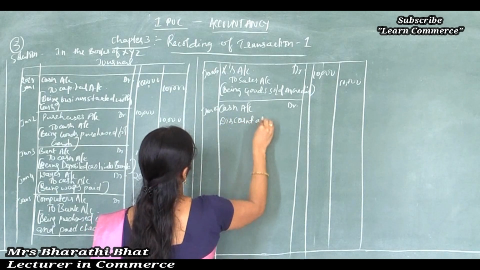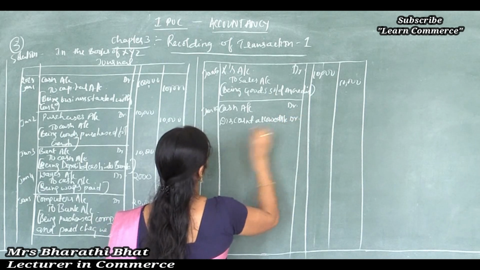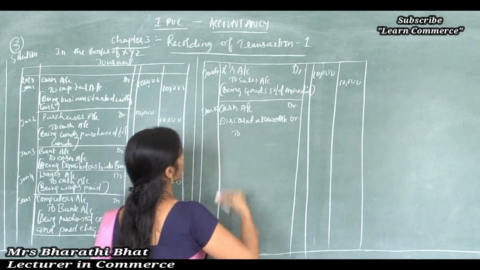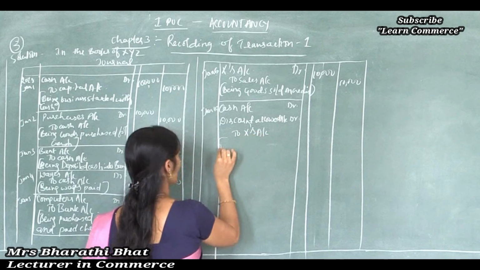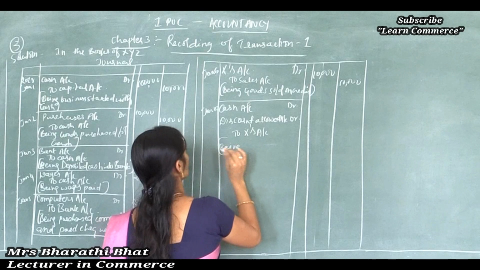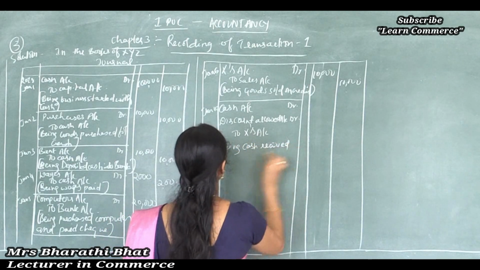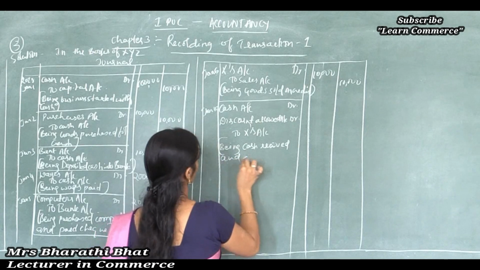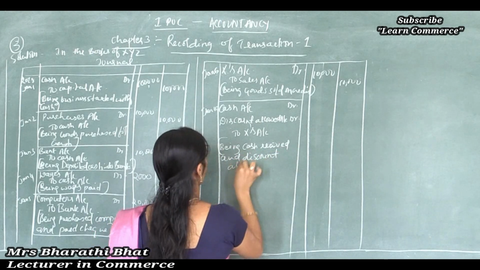Discount allowed account debited to X account. To X account. Narration: being cash received and discount allowed.